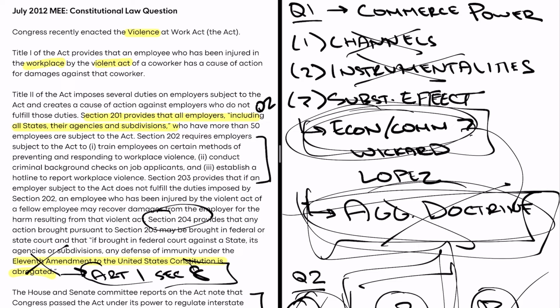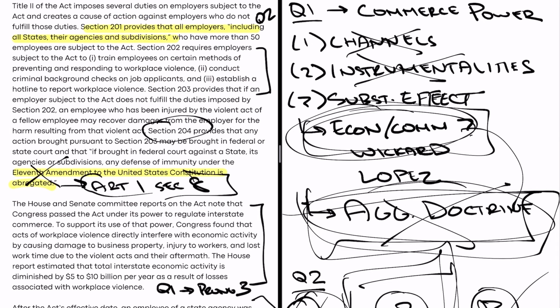They're not regulating the pathways through which interstate travel and communications pass. This is all about workplace violence. They're trying to require bigger employers who have 50 or more employees to take these actions, right? To train employees, to conduct criminal background checks, to establish a hotline report, right? That has nothing to do with the channels, the pathways of interstate commerce.